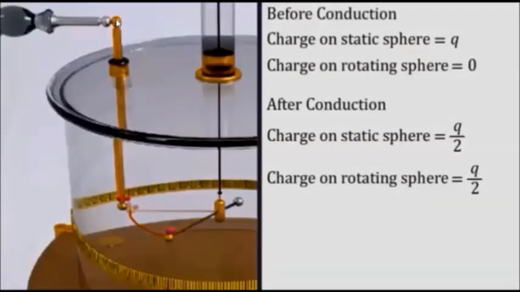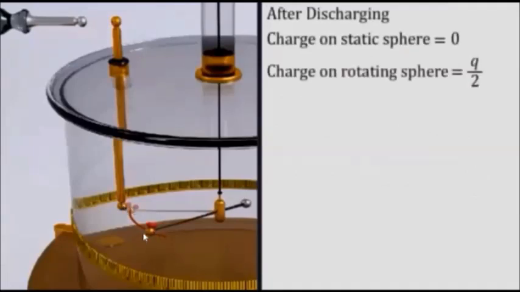The static sphere is now discharged by grounding it. And the rotating sphere, since it is attached to an insulating needle, retains its charge of Q by 2. So after discharge, the charge on the static sphere is 0 and the charge on the rotating sphere is Q by 2.